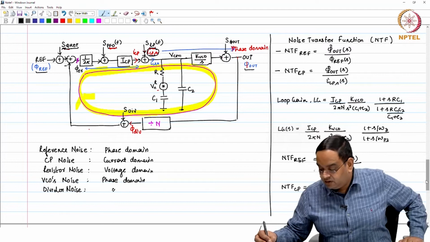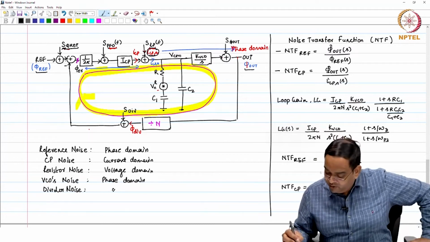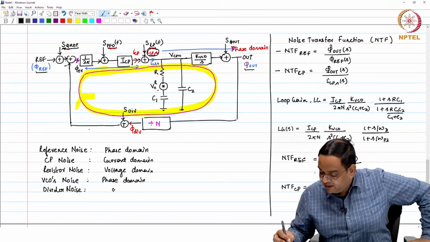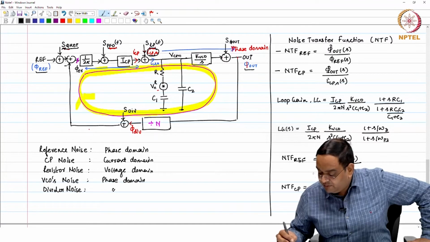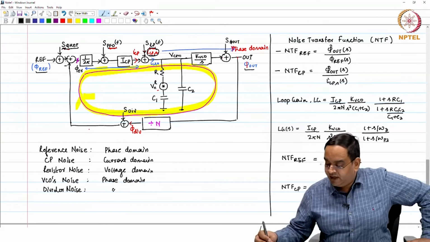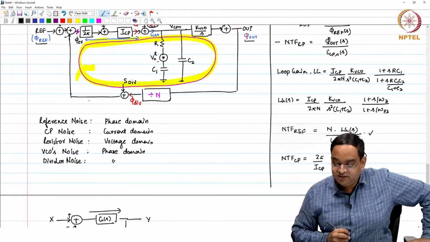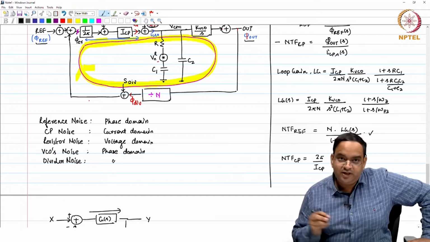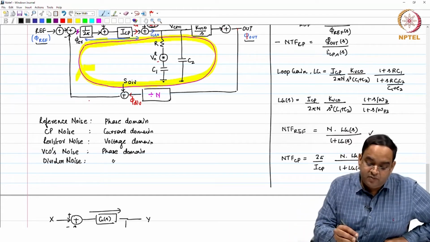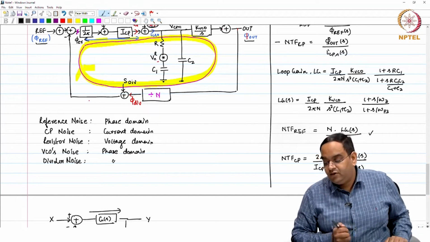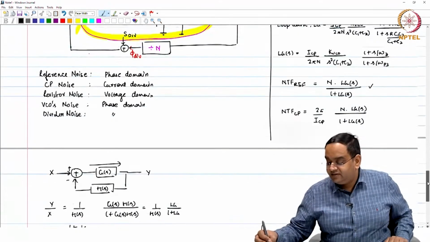Okay. So, I will write that you are going to have 2 pi divided by ICP times n times loop gain of S divided by 1 plus loop gain of S. How did I get it? Well, the noise transfer function for the reference is this. I should just divide the noise transfer function for the reference by the gain of the charge pump. So, I hope that makes sense.